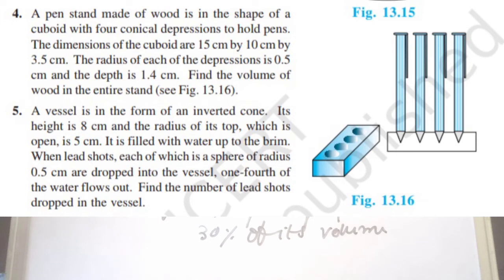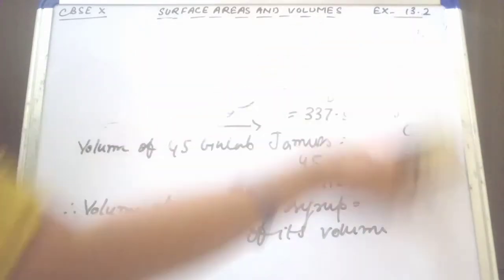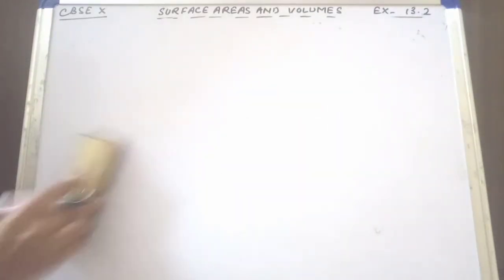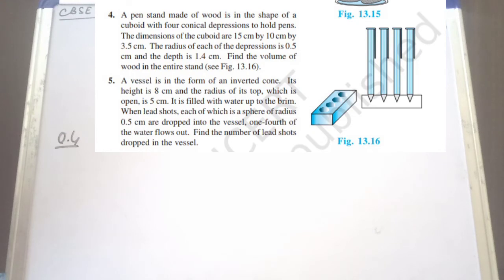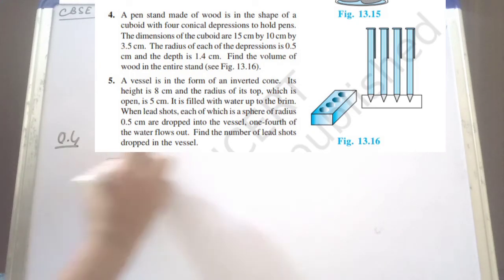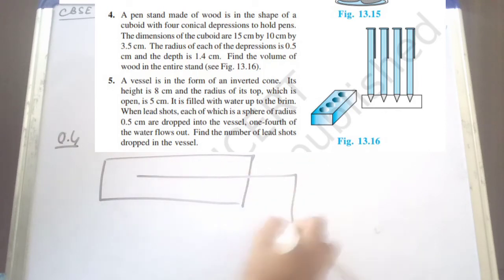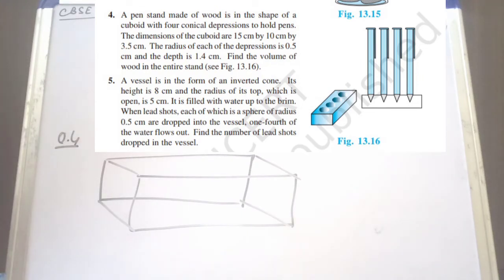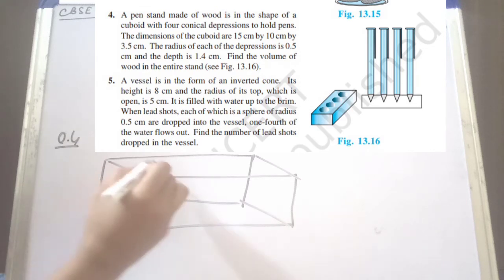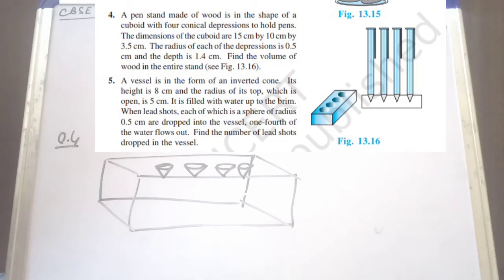A pen stand made of wood is in the shape of a cuboid, with 4 conical depressions to hold pens. Suppose these are 4 cones.